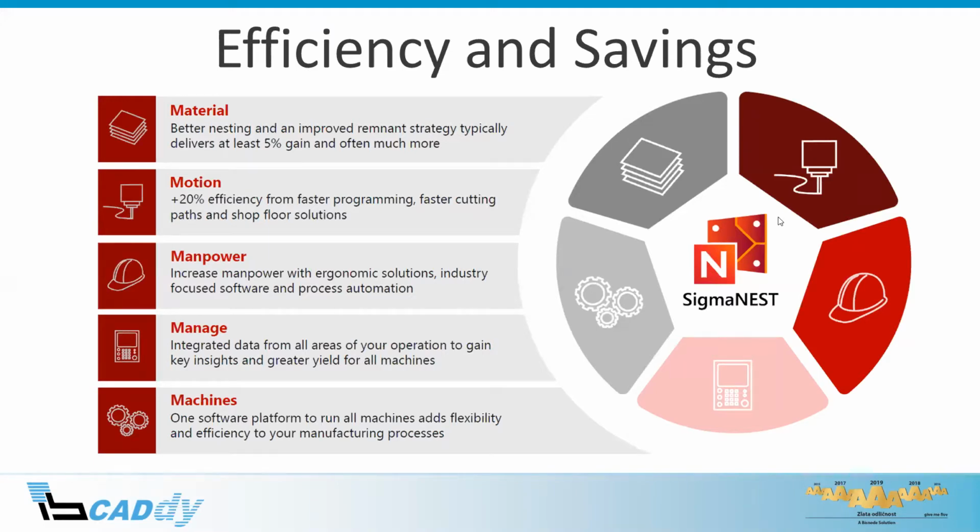For motion, our solution provides more than 20% boost in efficiency due to faster programming and faster cutting paths and shop floor solutions. For manpower, SigmaNEST increases manpower capability with ergonomic solutions, industry-focused software, and process automation. In management, our solution integrates data from all areas of operation, giving you key insights and greater yields from your machine. Lastly, SigmaNEST allows you to run all of your machines from one software platform, allowing you to share skills throughout the factory, therefore increasing flexibility and efficiency.